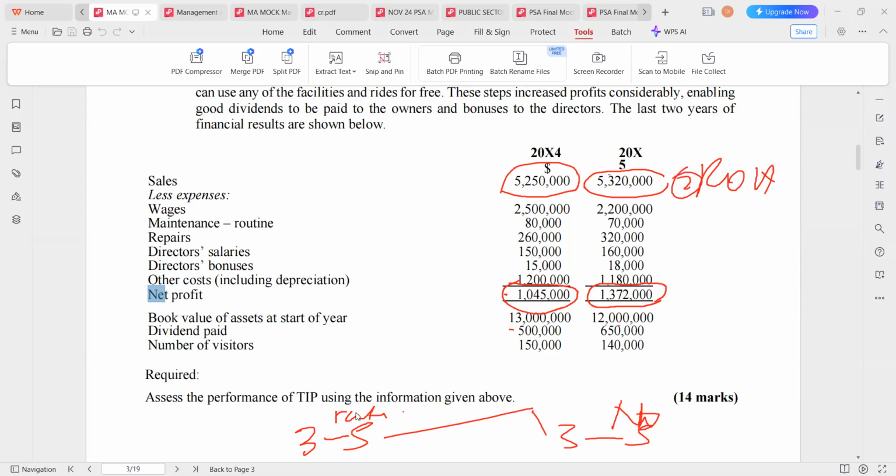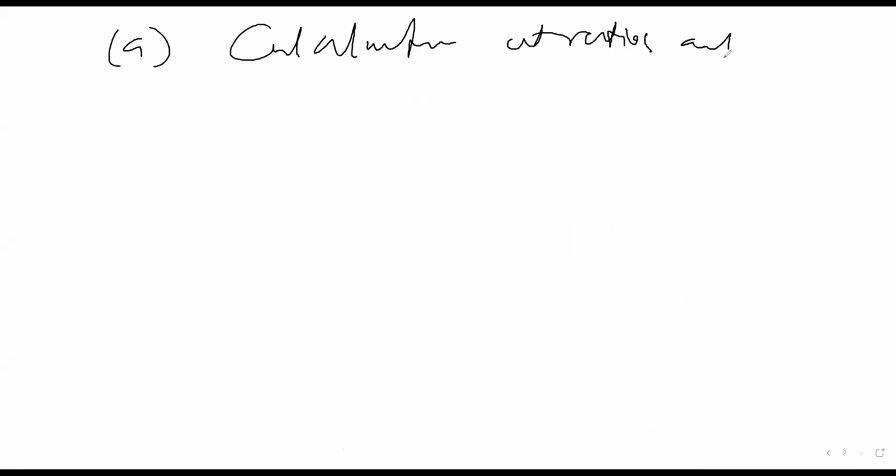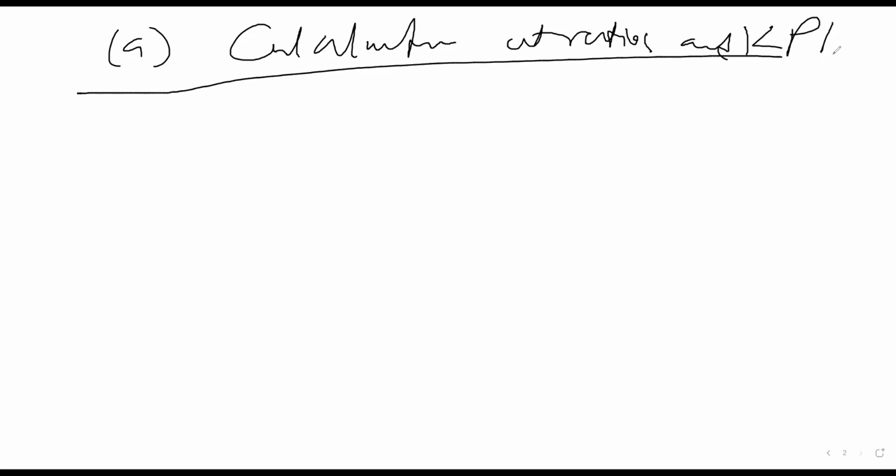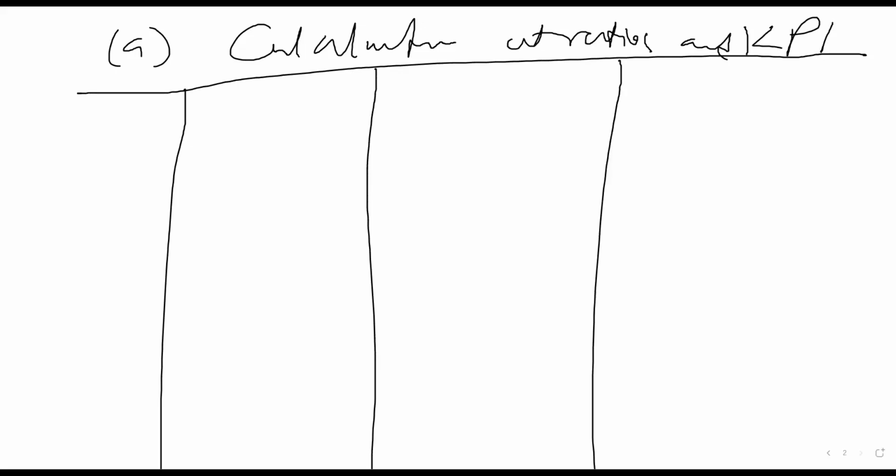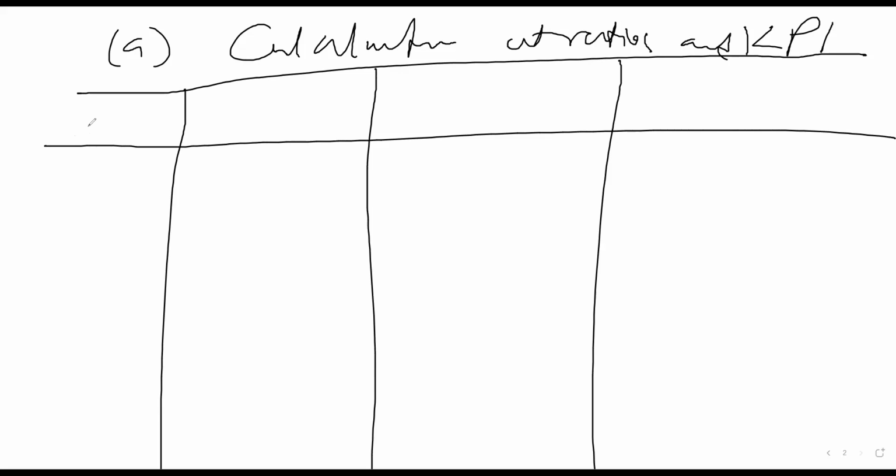So here you start by saying calculation of ratios and key performance indicators. Then you go.